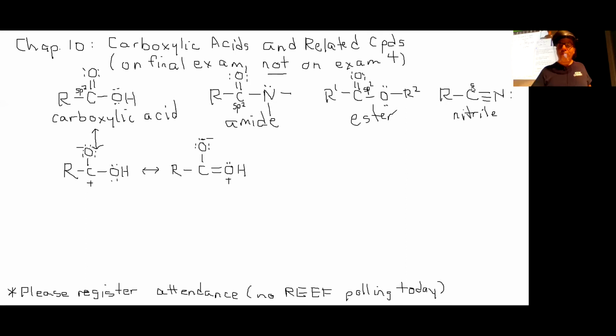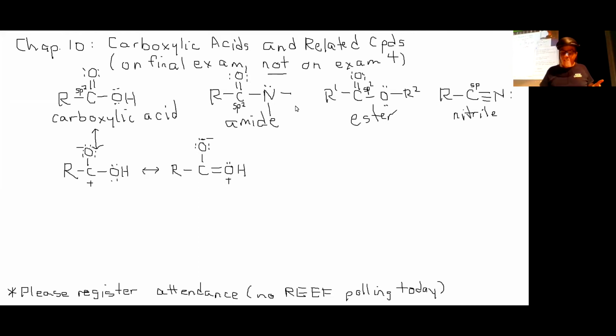Gotcha. Those are, of course, sp hybridized. You have to have sp hybridization in order to accommodate that triple bond. So just like in alkynes, the carbon in a nitrile is sp hybridized, as is the nitrogen, by the way. But sp2 hybridization is pretty common for carboxylic acids and their derivatives.